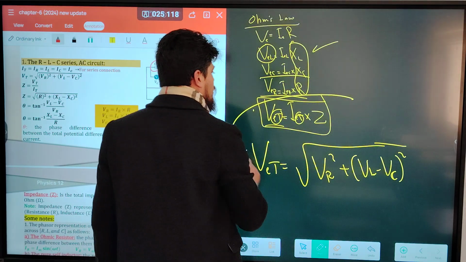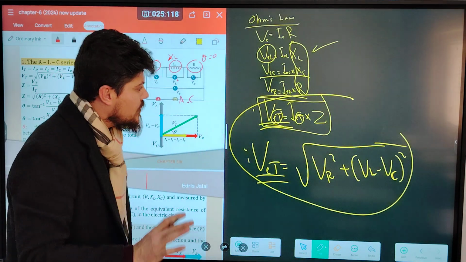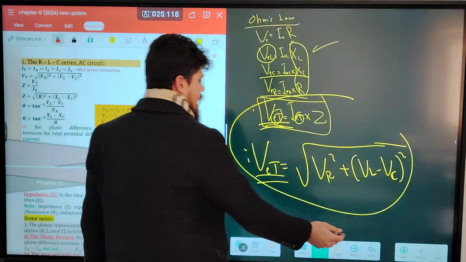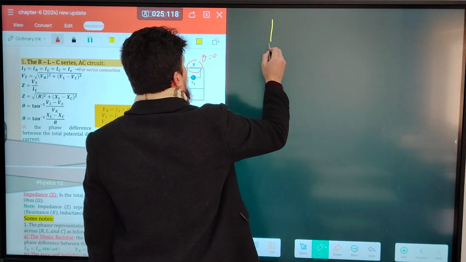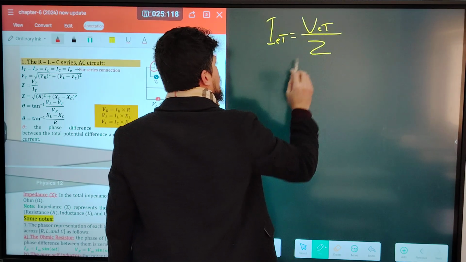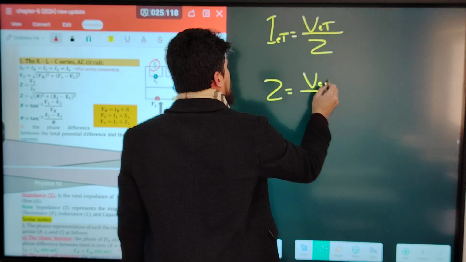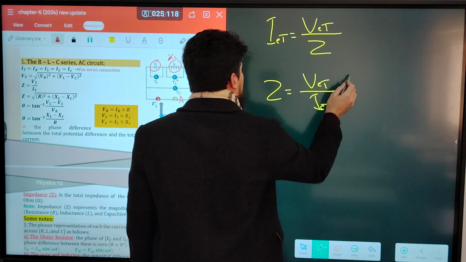Both equations can be used to determine V effective total. And also, guys, you can rearrange: I effective total is equal to V effective total over Z, and Z is equal to V effective total over I effective total.